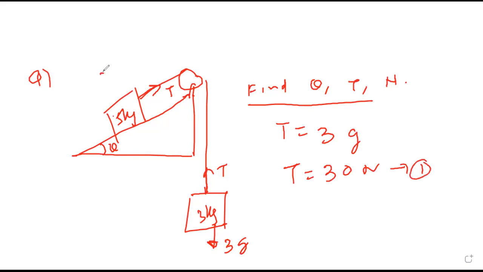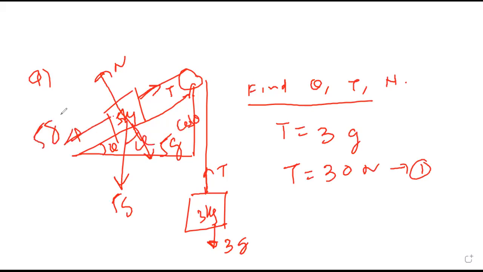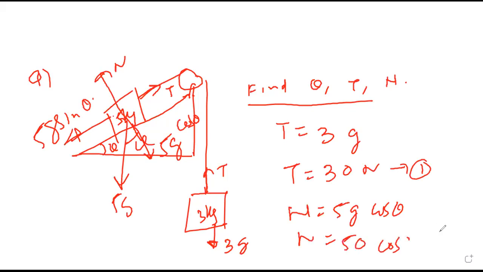Now normal reaction is perpendicular. This is 5g. We can resolve into two components, 5g cos theta and 5g sin theta. So normal reaction N will be 5g cos theta, that is 50 cos theta, equation 2.